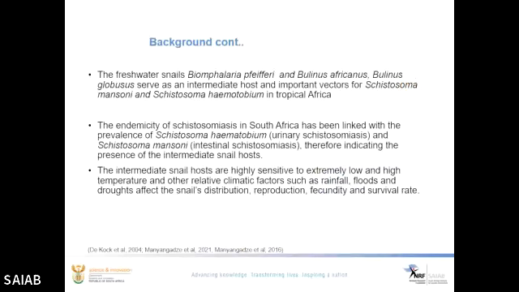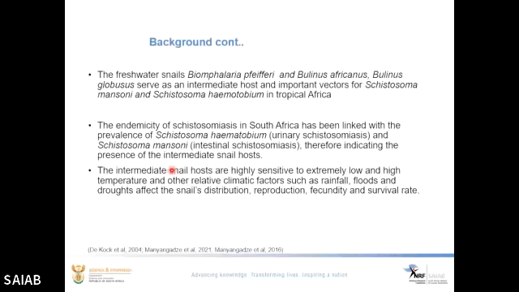There are specific freshwater snails that are required for this disease to be transmitted to a human host. The ones that are common in tropical Africa include Biomphalaria pfeifferi, Bulinus africanus, and Bulinus globosus. The occurrence of schistosomiasis in South Africa has been linked mostly with the prevalence of Schistosoma haematobium and Schistosoma mansoni.